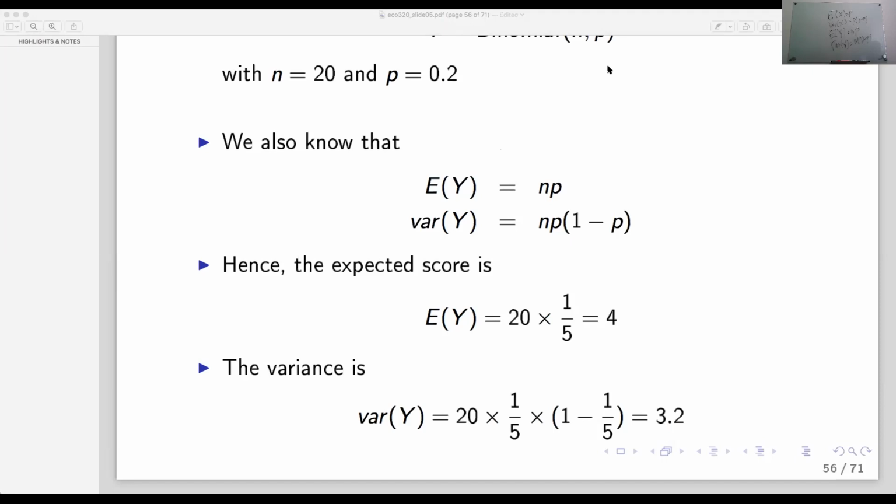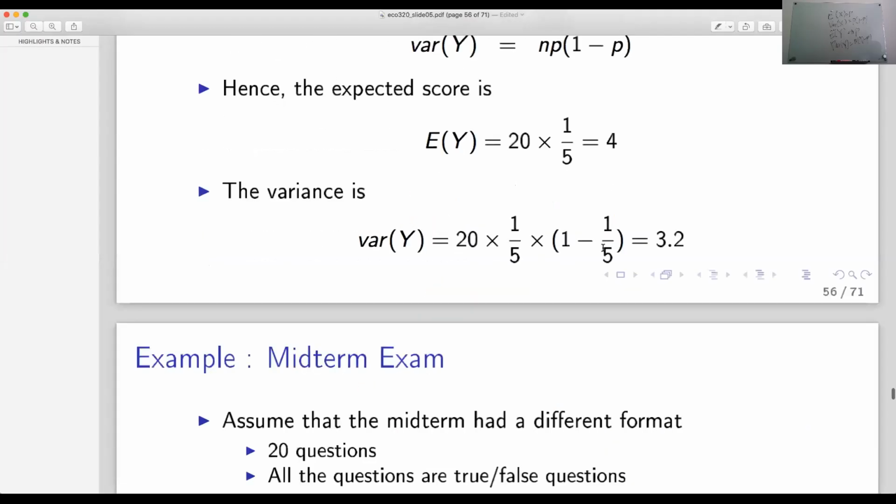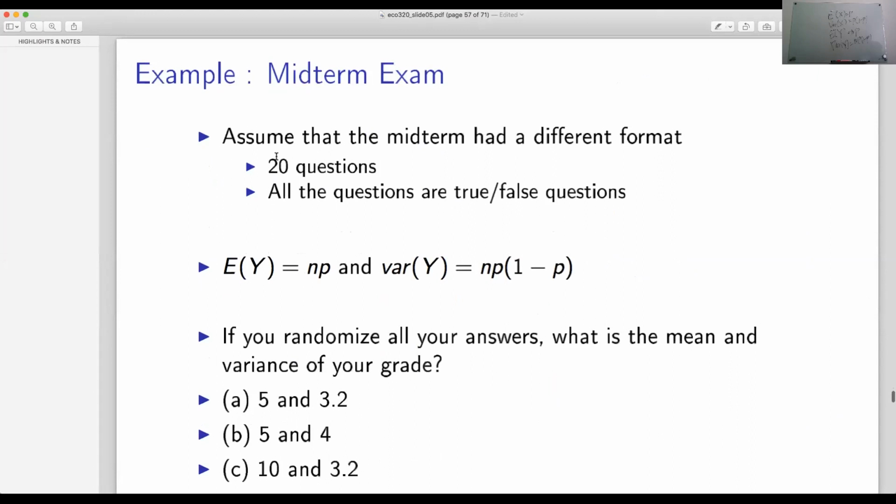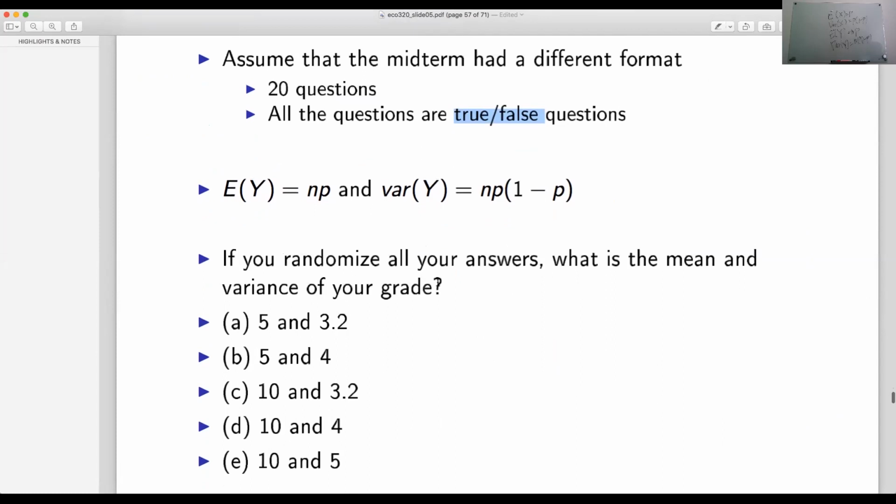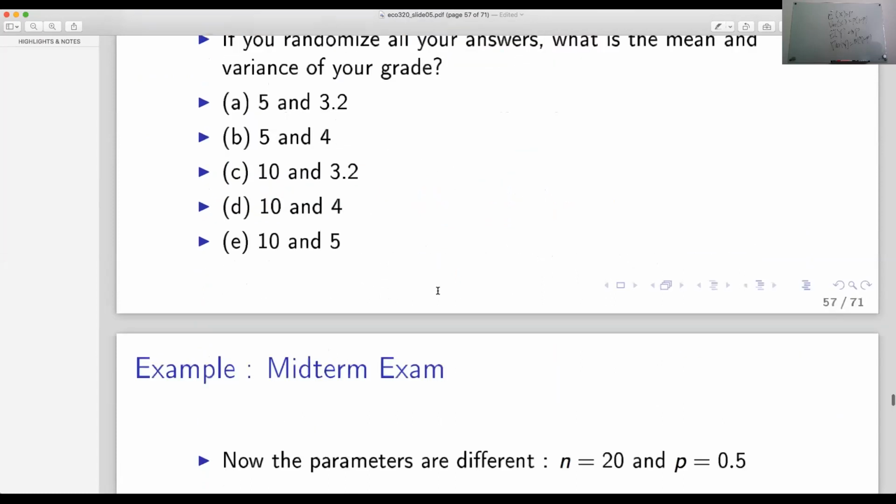Based on some mathematical results, this is the result we are able to get. Now, assuming the midterm had a different format, 20 questions but all true and false, what would be your mean and variance using this formula?